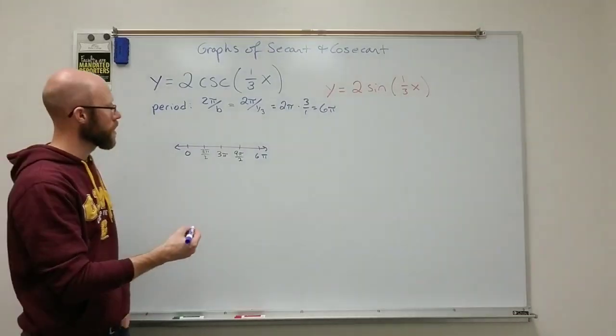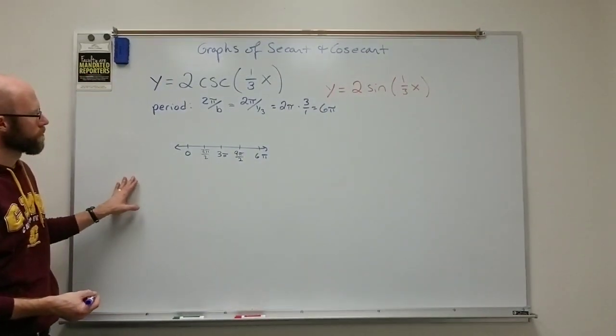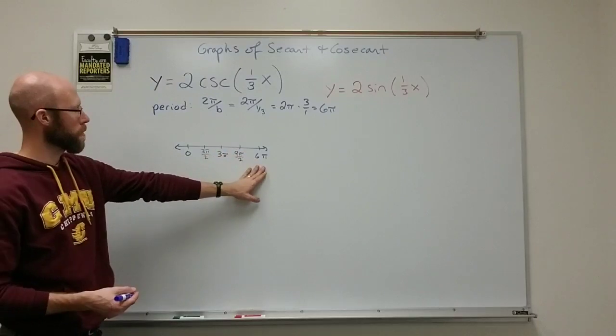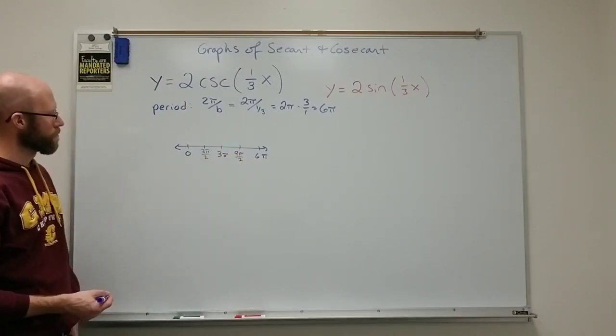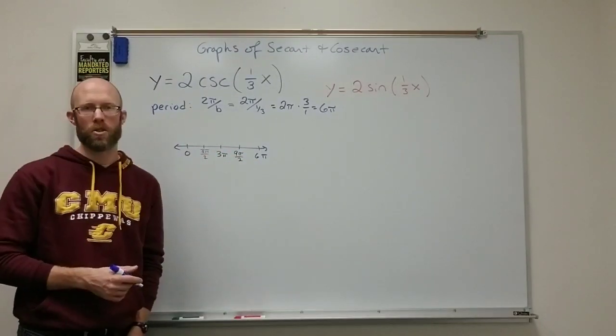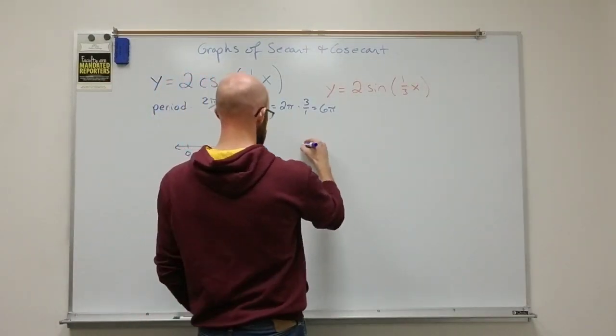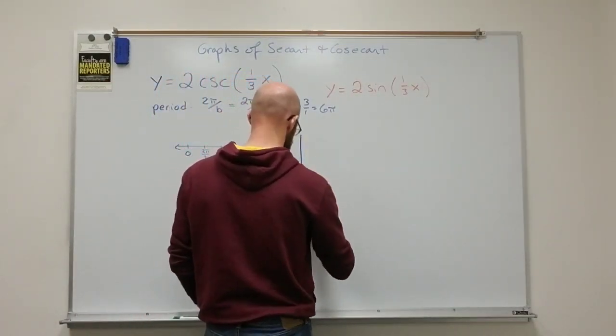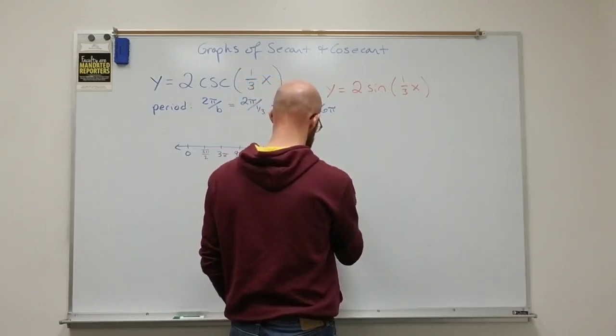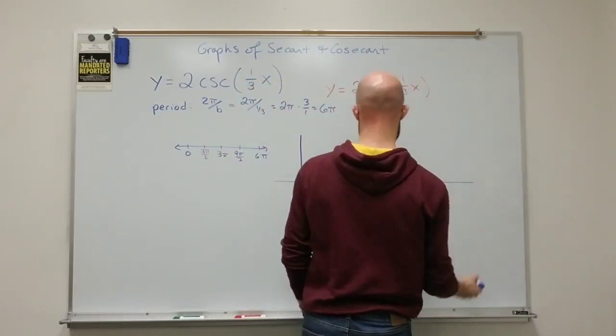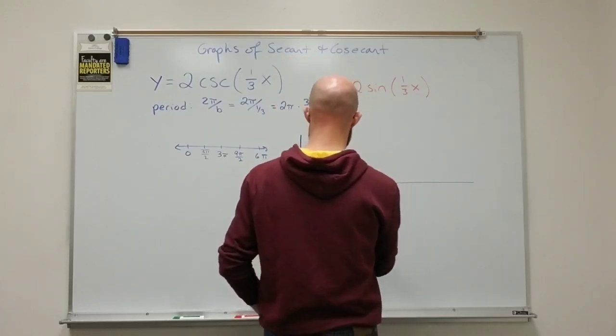Okay, so then we need to plot the graph from 0 to 6 pi. Maybe we'll go with just integer multiples of pi for our units. That'd probably be good enough. So we'll run that out, and we'll just start here.